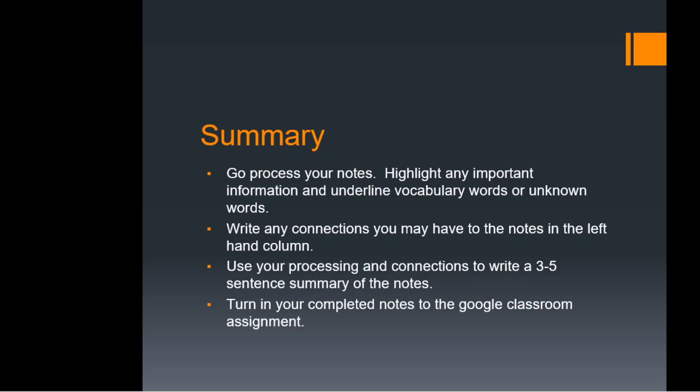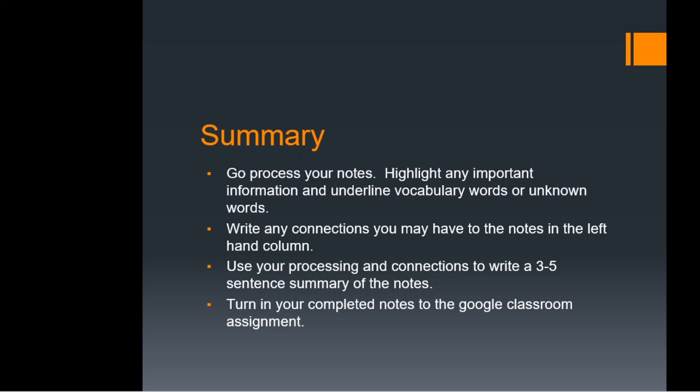All right, that's the end of our notes. Those were fun. Woohoo! Oh, we love scientific notation, Mrs. V. So go back and process your notes. You're going to highlight any important information and underline vocabulary words or unknown words. You're going to write any connections you may have to the notes. Maybe you remember Math 1. Maybe. In the left-hand column, you're going to use your processing and connections to write a 3 to 5 sentence summary of the notes.